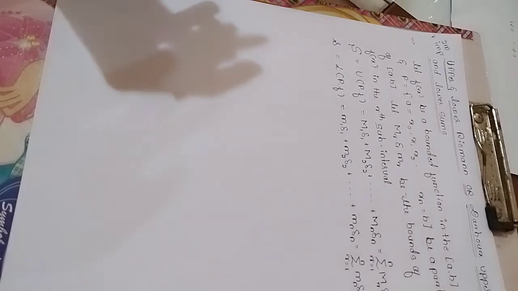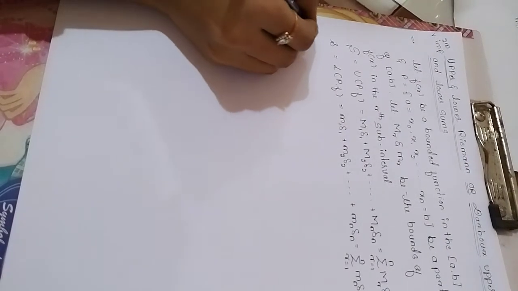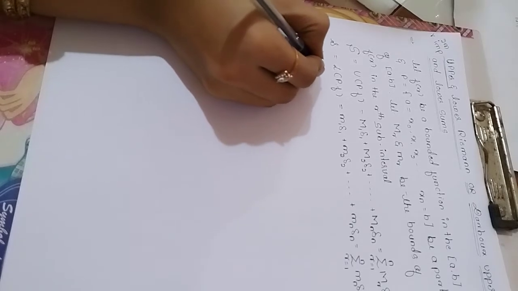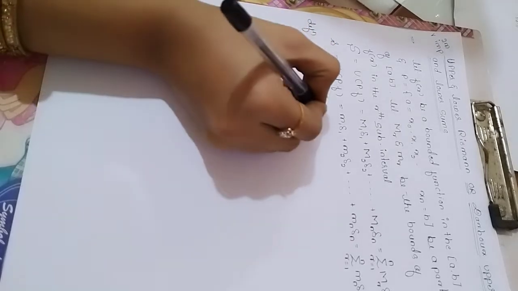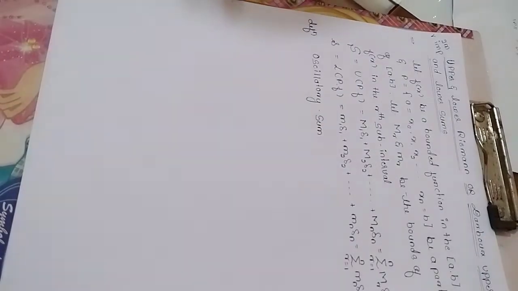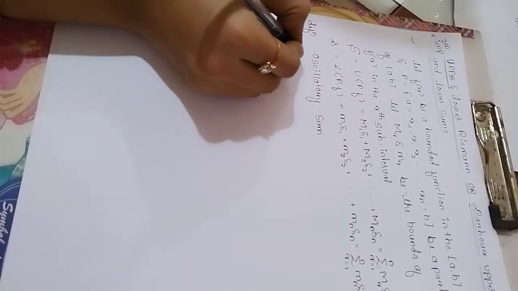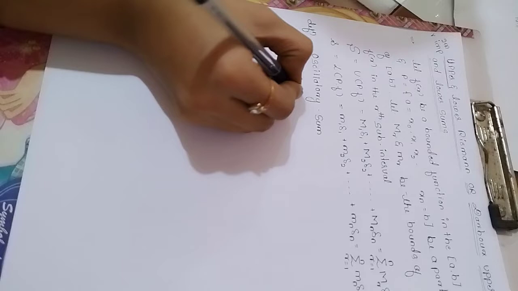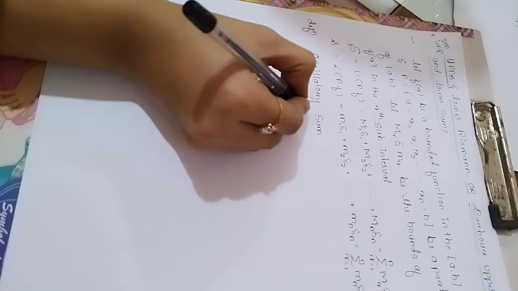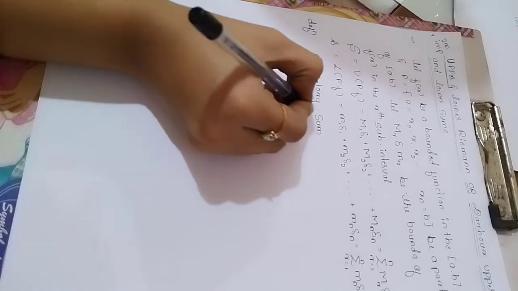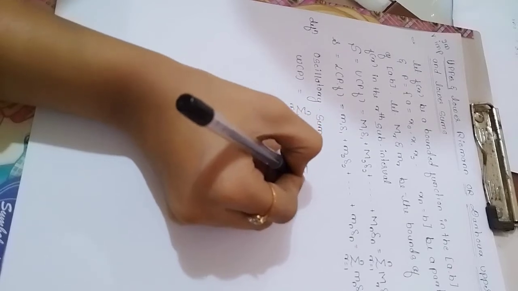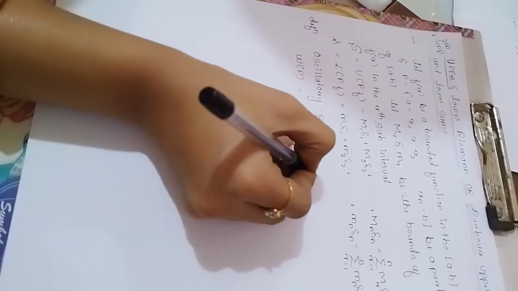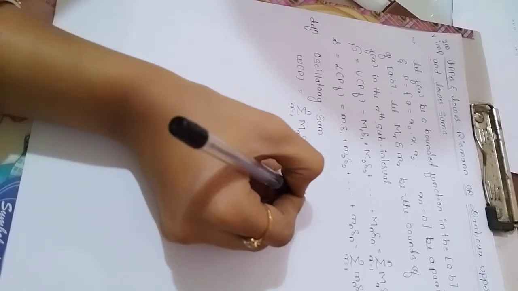Then the next definition is the oscillatory sum. The oscillatory sum can be defined as omega of P, which is equal to summation r going from 1 to n of capital Mr into delta r minus summation r going from 1 to n of small mr into delta r.